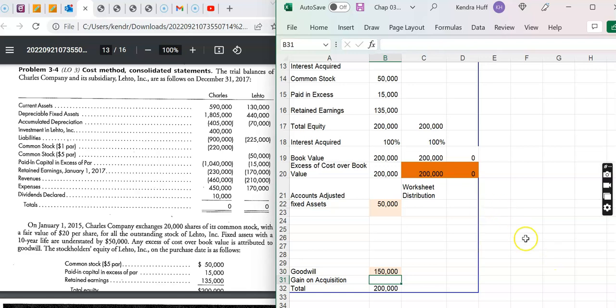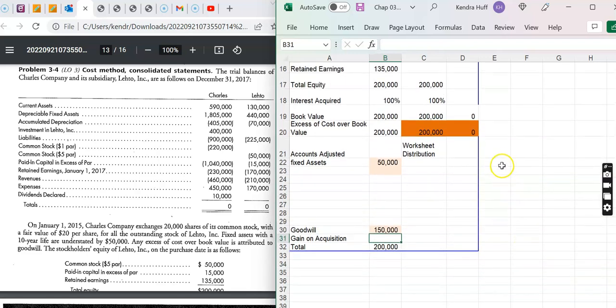And then this is going to get depreciation. It'll be the 50,000 divided by the 10 years. Okay, so I need to keep that in mind.